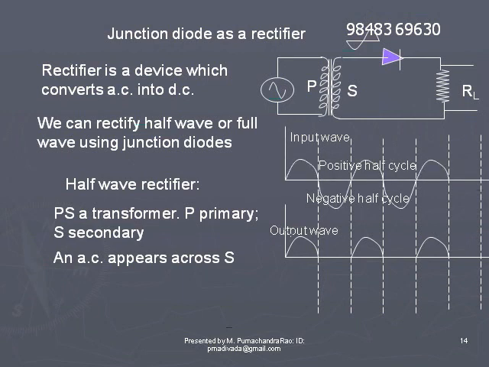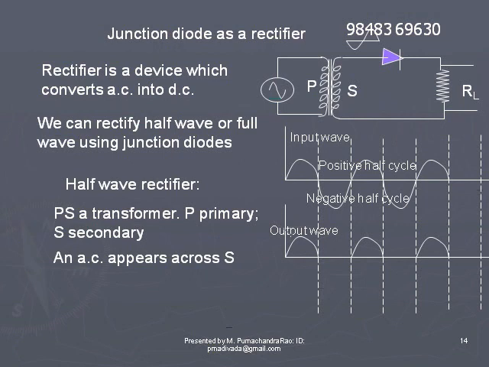A pulse of this voltage is shown above the diode, and the voltage across S is AC voltage, and this is applied across the series combination of a junction diode and a load resistance.